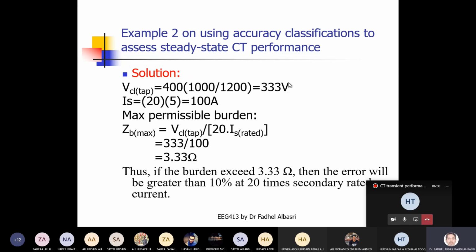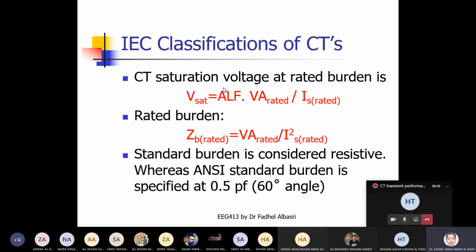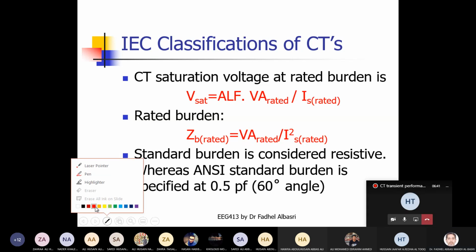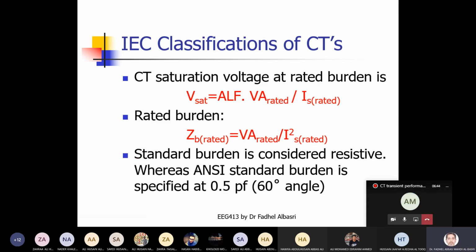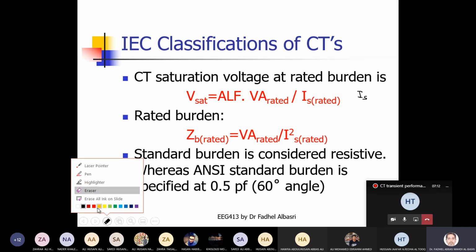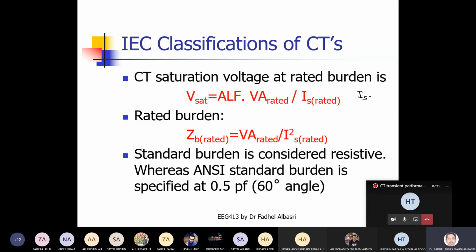Now, what's the equivalent between these two? The voltage at the burden, which will be the voltage class, is I secondary maximum, which is 20 times I secondary nominal according to IEEE, times the burden R burden.